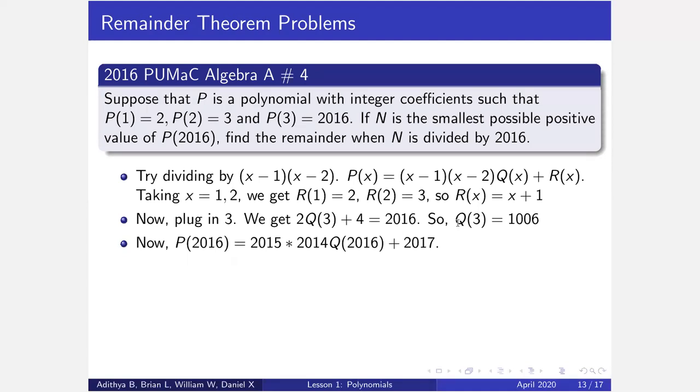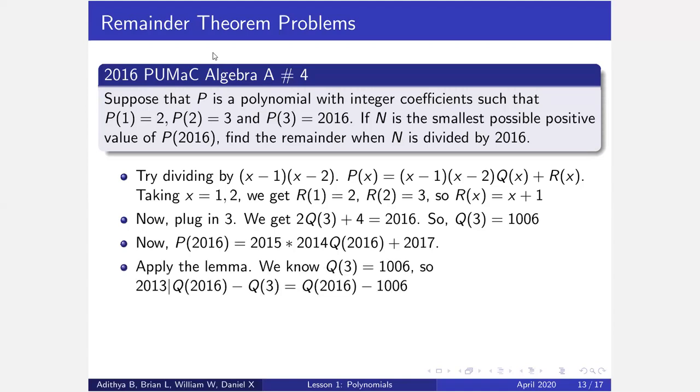That's equivalent to 2013 divides Q of 2016 minus 1006. Okay, so this means that Q of 2016 has to be 1006 mod 2013.